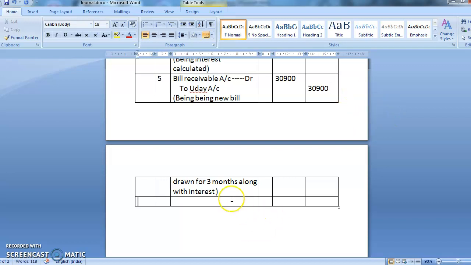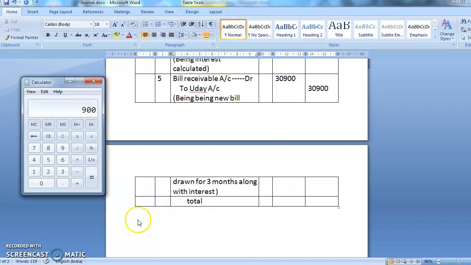Yes, you have to do the total. The total is also compulsory. So what will be the total of your debit and credit? Yes, let's do it.